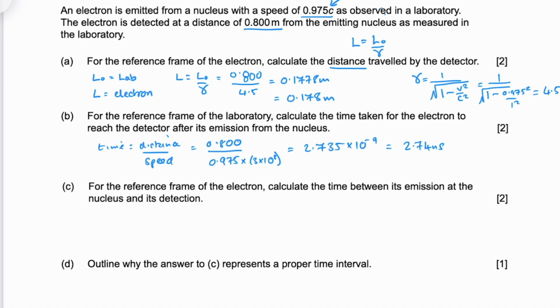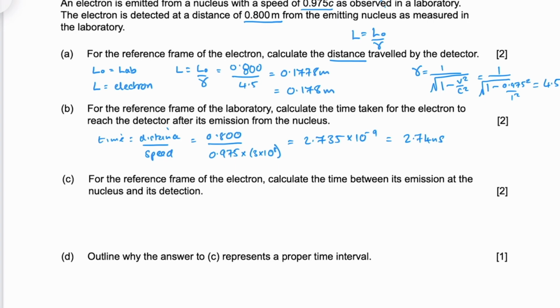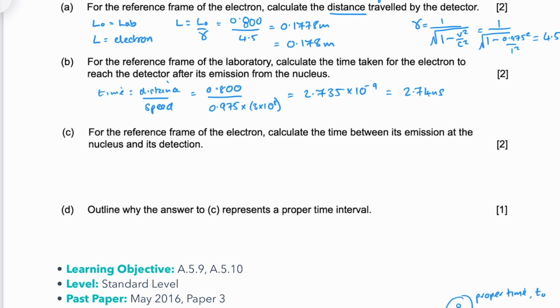Now we're going down to C. For the reference frame of the electron, calculate the time between its emission from the nucleus and its detection. Well, the electron is the equivalent to our twin who's whizzing around. They're experiencing proper time. So that's the electron. The lab is time T, and that's the lab. So let's find our equation. T naught equals T over the Lorentz factor.